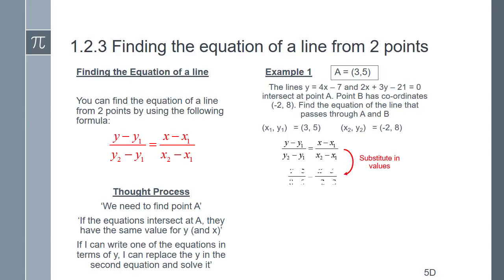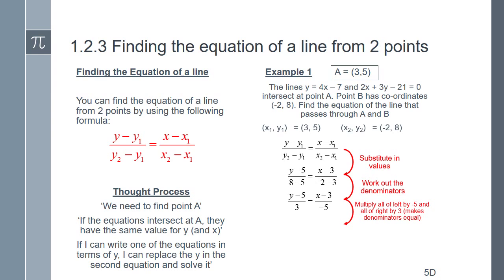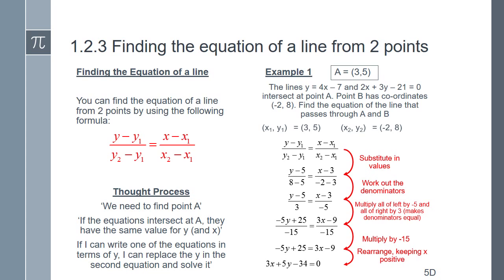Substitute in the values, work out the denominators, and then rearrange it by getting a common denominator, multiplying it out, tidying it up to get 3x plus 5y minus 34 is equal to 0, which is one of the approved forms of the equation of a straight line.